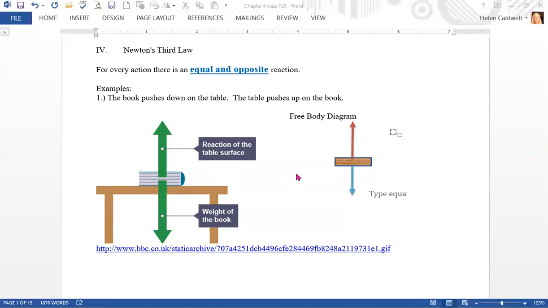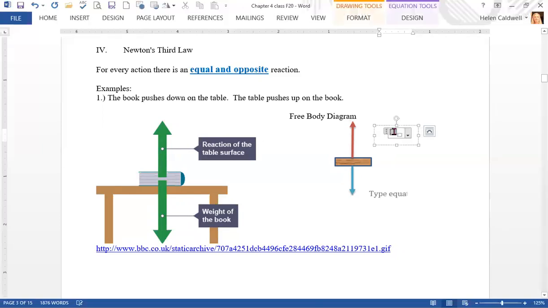If we were going to draw this as a free body diagram, this little blue box with the little wavy lines in it represents my book. And I have two vectors, one going up, and that is the table pushing up on it, and we call that the normal force.